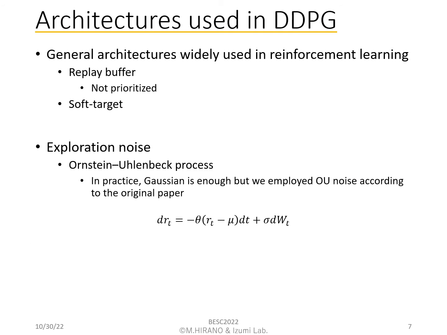Here is information about the architecture used in the DDPG. The general architecture widely used in reinforcement learning, such as replay buffer or soft target, is also used in this model. As exploration noise, an Ornstein-Uhlenbeck process is employed in this model.